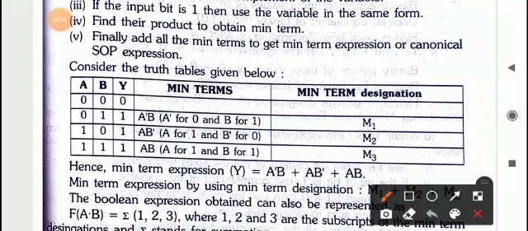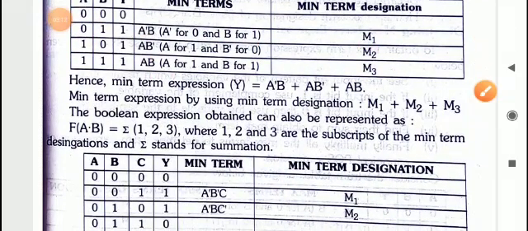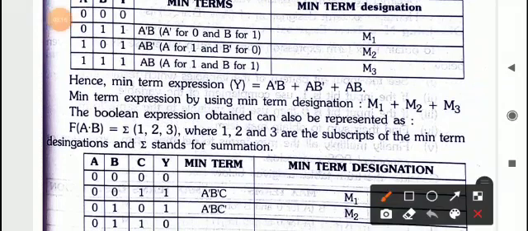You can see here these are the inputs, and wherever you see 0 you have to complement that variable, A complement and B, and this way you get 0 1. If you convert into decimal numbers you get 1, then 2 and 3, and then you write them as subscript values. Hence your min term expression will be Y equals A complement B plus A B complement plus AB.